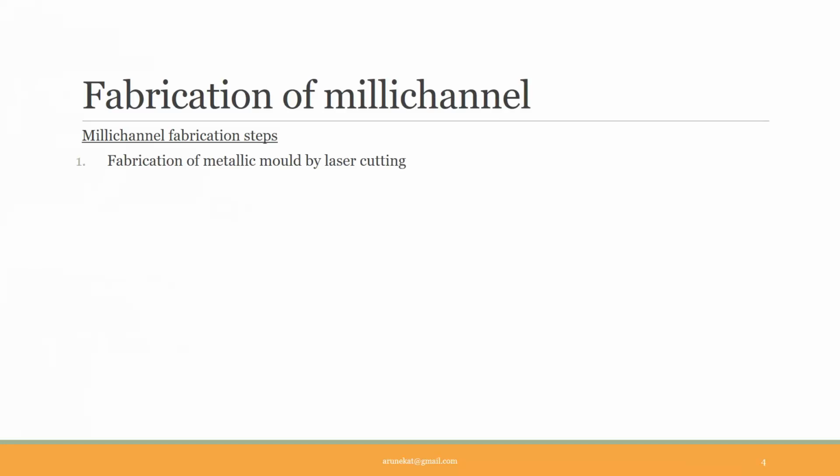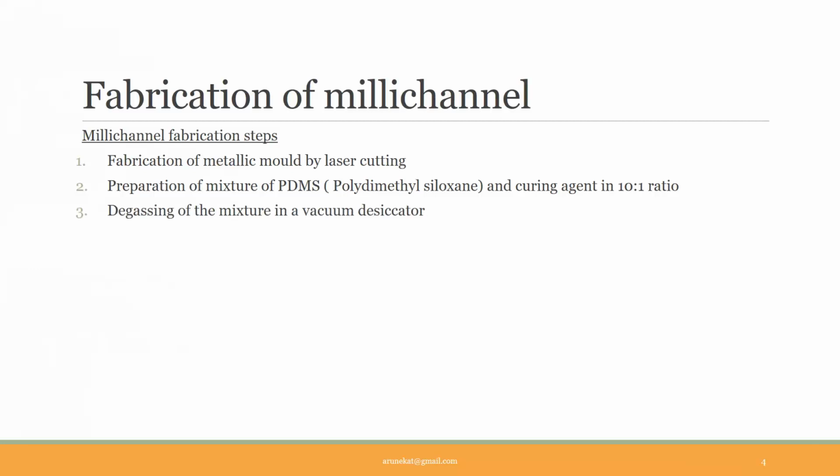We can prepare the design using a CAD software, and the design can be cut from a metallic sheet using a laser cutter. Now, we prepare a mixture of PDMS and curing agent in the ratio 10:1. The weight of the mixture depends on the size of the channel. This mixture has to be degassed in a vacuum desiccator to remove all the dissolved gases.